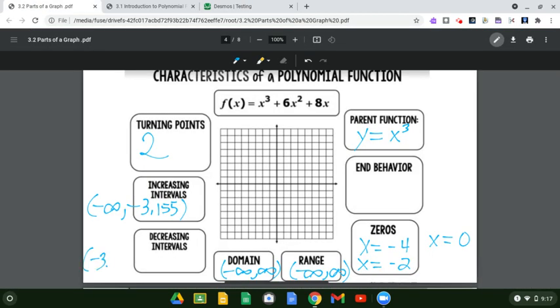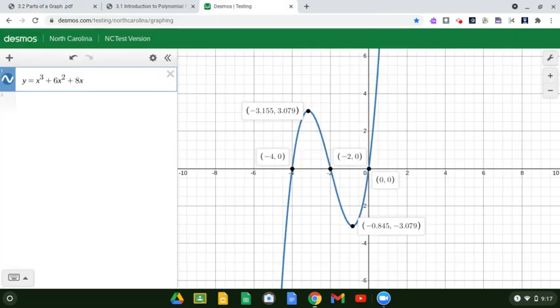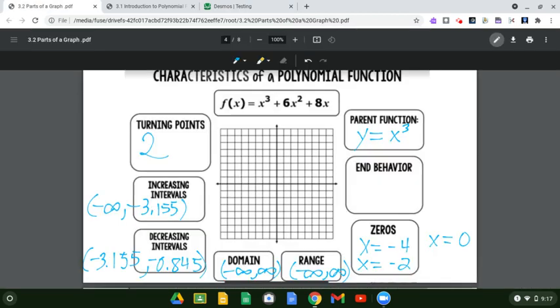And then from -0.845 to infinity, your y values are increasing. So I'm just going to use my union symbol: negative infinity to -3.155, union -0.845 to infinity.